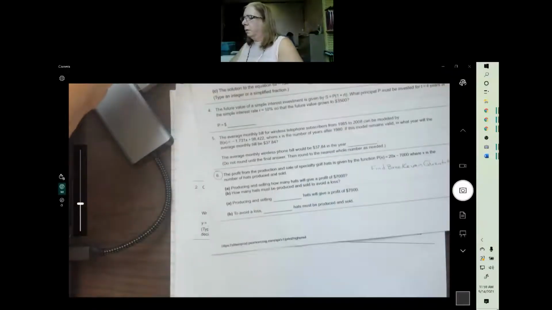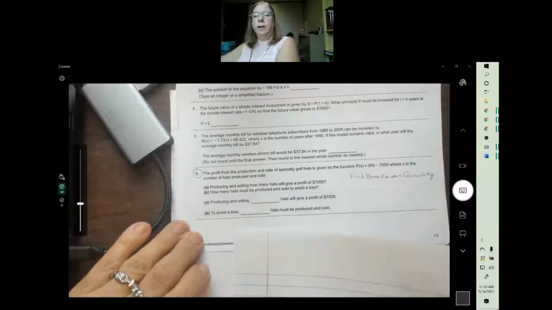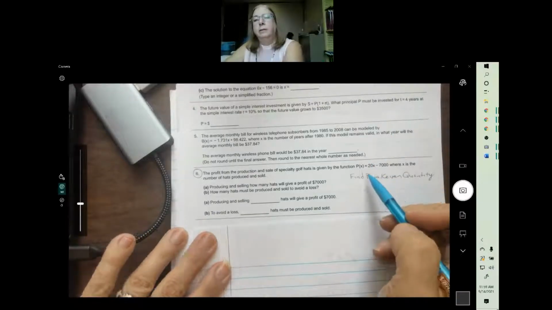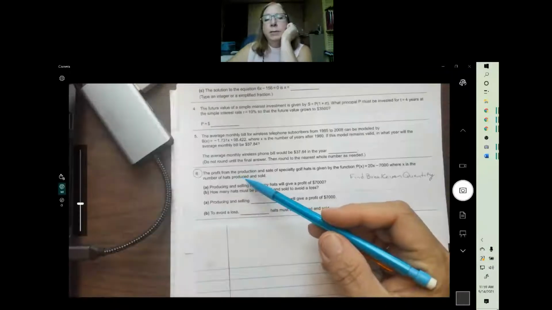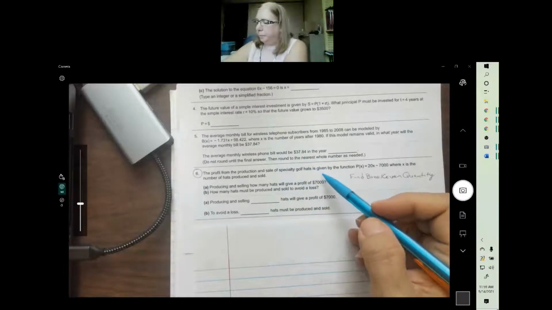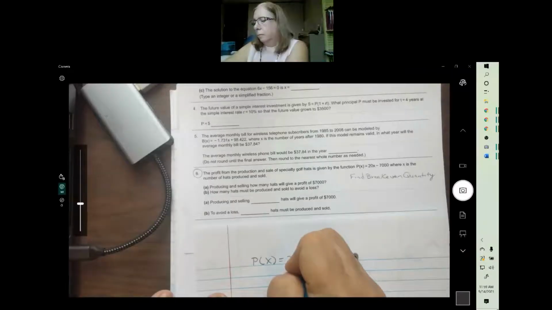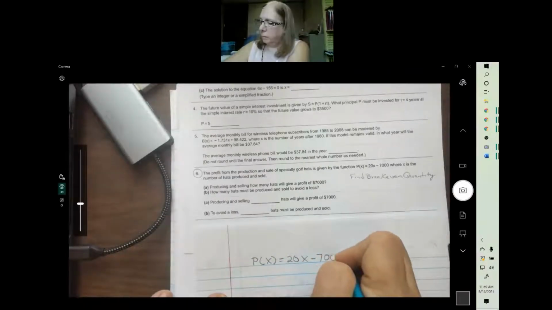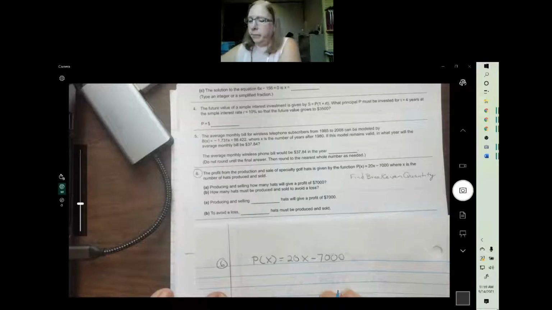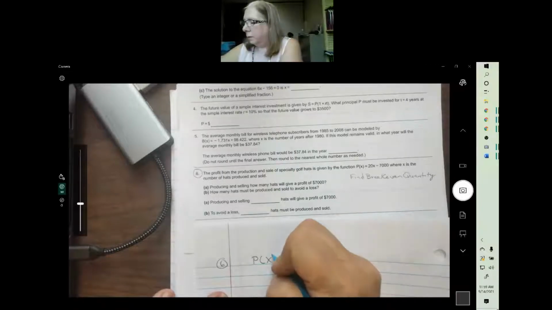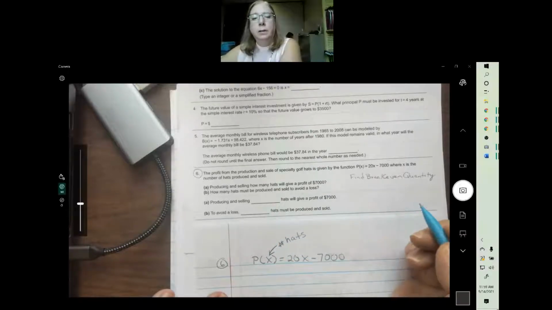Number 6. I added a part because it's just good practice, because you'll definitely see break-even quantity. The profit from the production and sale of specialty golf hats is given by P of X, where X is the number of hats produced and sold.